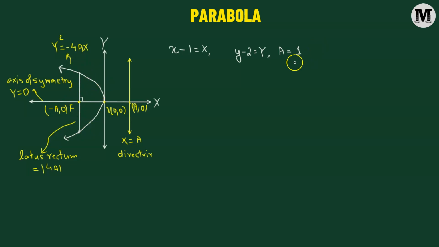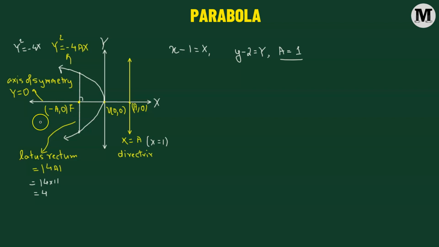Now for our case, we got the value of a equals 1. That means when we replace the value of a with 1, our parabolic equation came out as y squared equals negative 4x. The coordinates of the vertex are going to stay at 0, 0. The equation of the directrix will be x equals 1. Length of the latus rectum will be the absolute value of 4 times 1, that means 4 units.